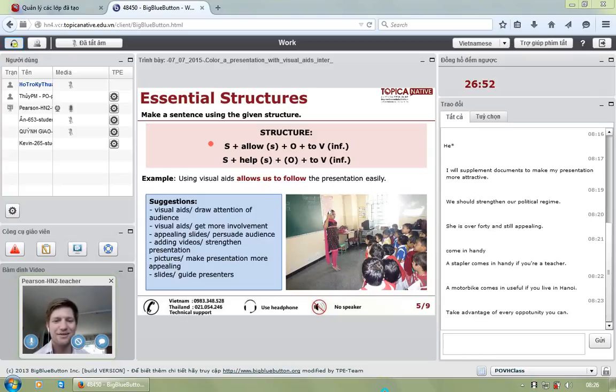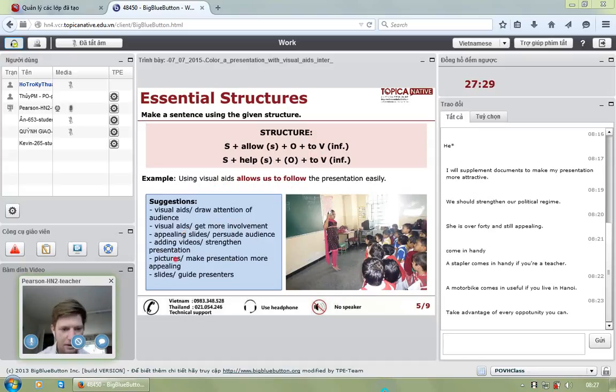So, what do you have? The subject, visual aids, allows us to follow, object, the presentation, and plus the verb infinitive would be follow.